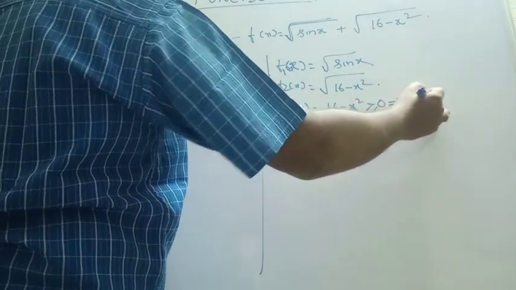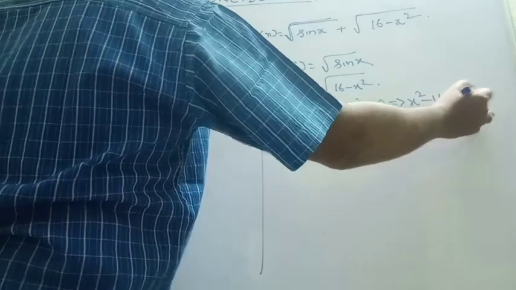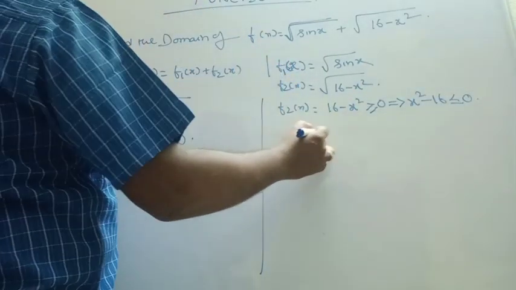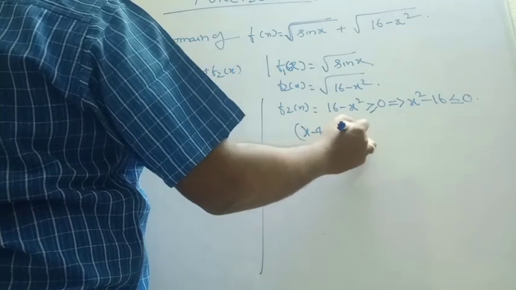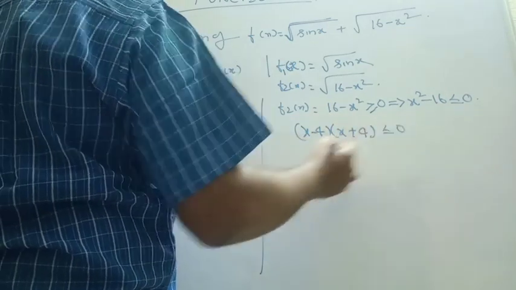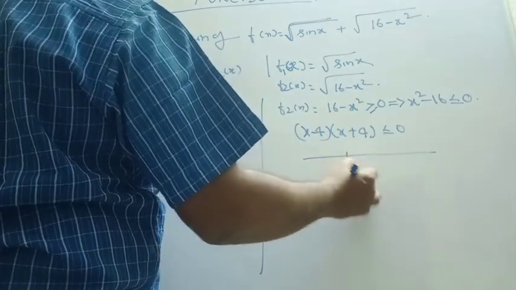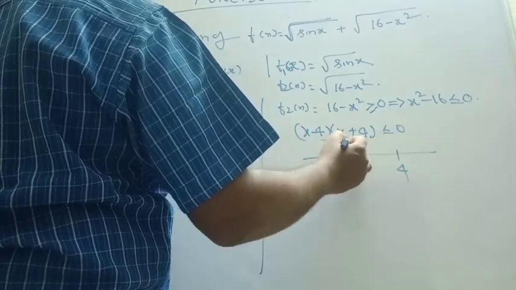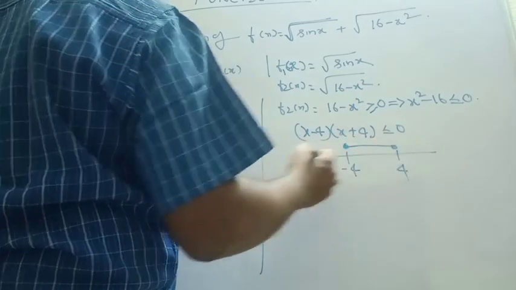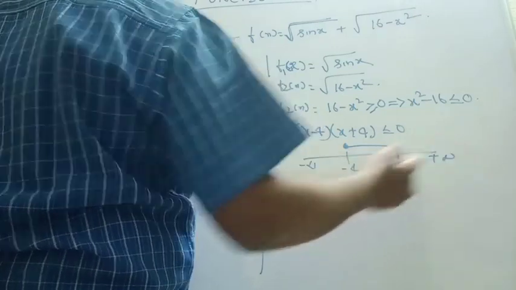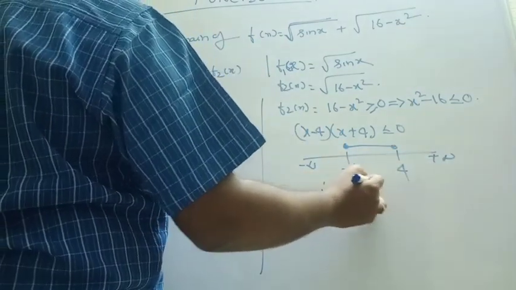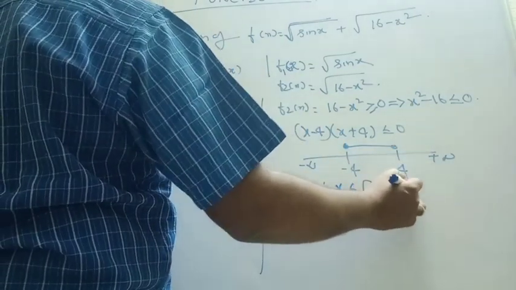That means x square minus 16 lesser than or equal to 0. That means (x minus 4)(x plus 4) is lesser than or equal to 0. That means it is lying between minus 4 and 4. Therefore x belongs to the closed interval minus 4 comma 4.